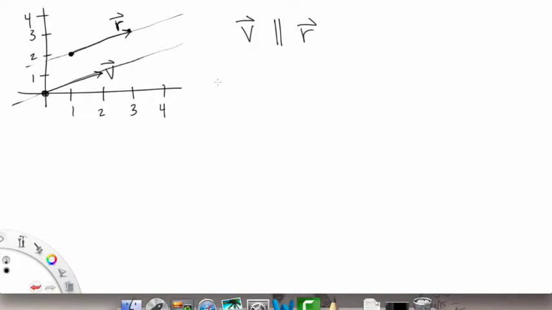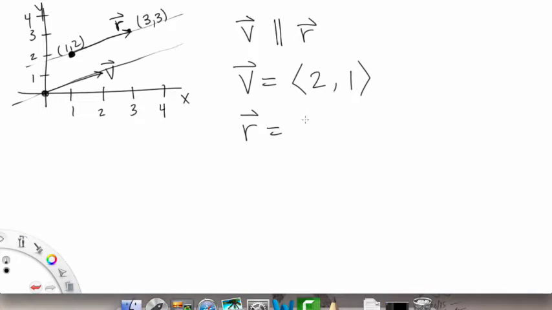But if we were to actually name each of these vectors, let's do V first. Here's our X and here's our Y. It moves 2 units to the right on the X axis, so 2, and then it moves up 1 on the Y, so positive 1. And let's check what R is. R starts at X value of 1, so this is 1, 2, and it finishes at 3, 3.